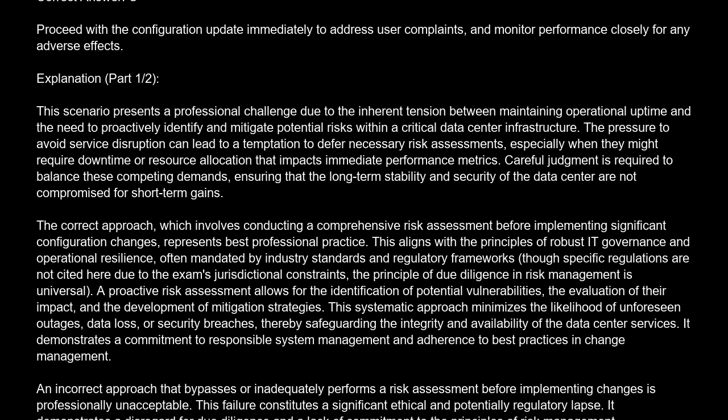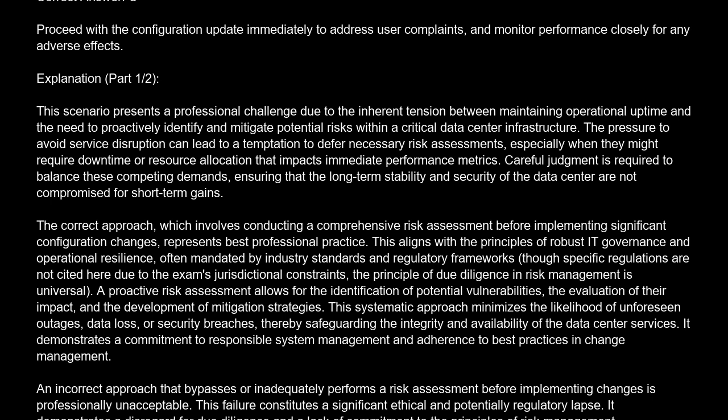This aligns with the principles of robust IT governance and operational resilience, often mandated by industry standards and regulatory frameworks, though specific regulations are not cited here due to the exam's jurisdictional constraints. The principle of due diligence in risk management is universal. A proactive risk assessment allows for the identification of potential vulnerabilities, the evaluation of their impact, and the development of mitigation strategies.